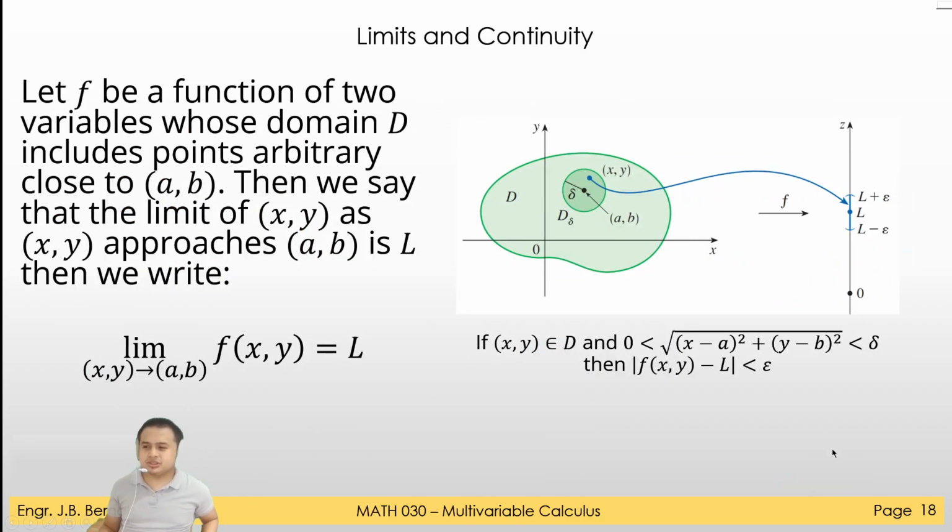definition of the limit of a function of two variables: we have the function of x and y, and if you want to find the limit of f of x, y as x and y approaches this pair, a and b, we have the value L as your limit.